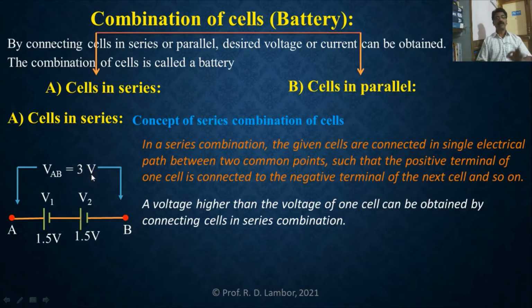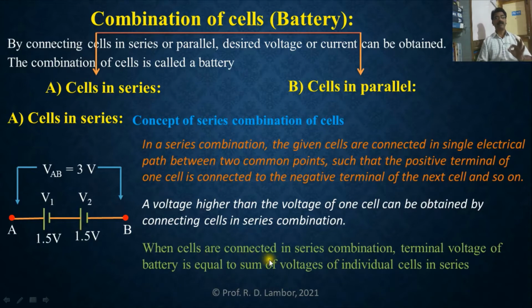That's why only the voltage rating is increased. But what is happening to the current rating? The current rating of this battery is the same as that of one cell. But when cells are connected in series combination, what is happening to the terminal voltage of that battery?